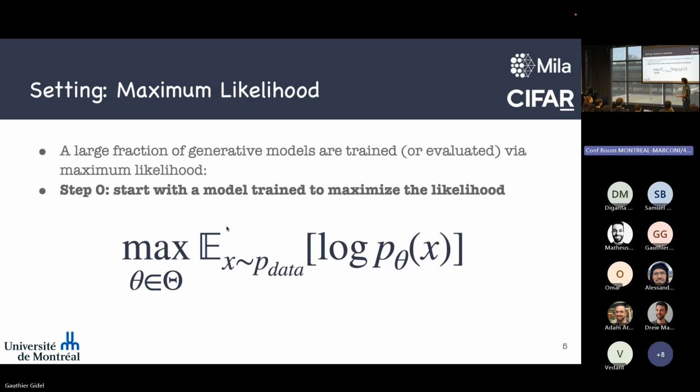So this is usually a standard way to learn generative models. And so because a large fraction of generative models are trained via maximum likelihood, we will consider this class. And so step 0 in this setting is to start with a model that has been trained to maximize the likelihood of the data.